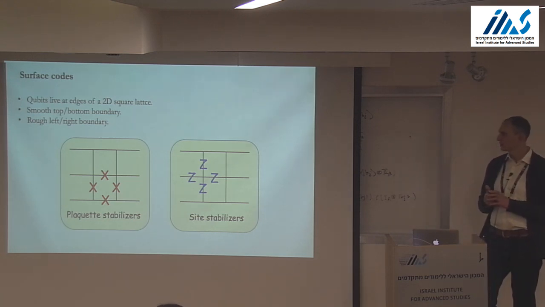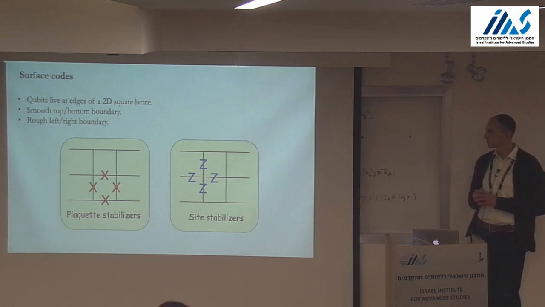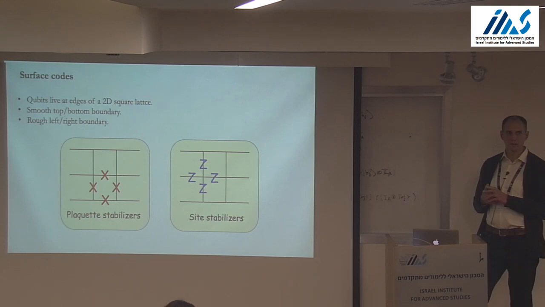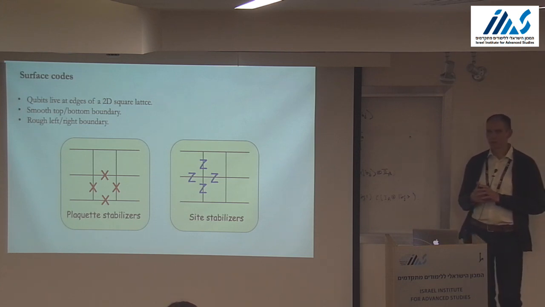You start from some Pauli operators, for example X tensor X tensor X tensor X on 4 qubits, tensor identity with the rest. That's one stabilizer. Then there's another stabilizer, Z tensor Z tensor Z tensor Z. And the code space is just the space that consists of all vectors which are eigenvectors of all the stabilizer operators with eigenvalue 1. That's the code space. And then what Sergey is now explaining is how this code behaves when you have errors, which are also X and Z errors. So it's confusing, but these are two different things.